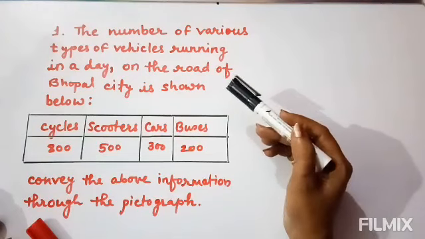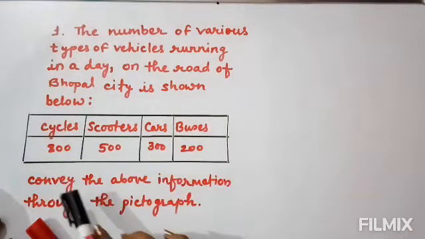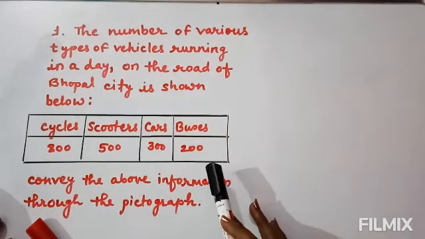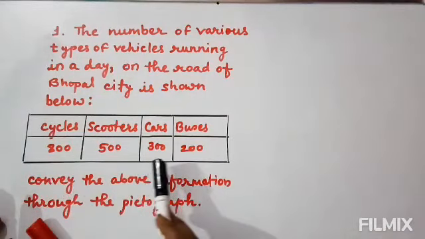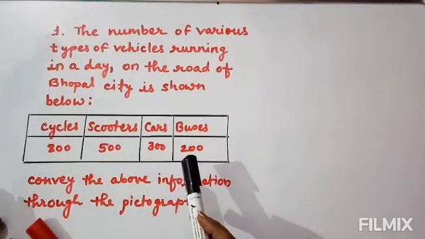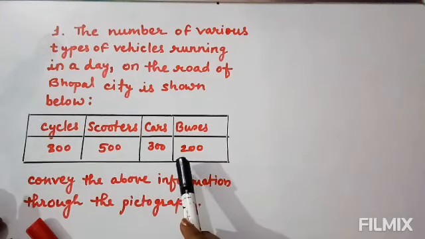For a scale we need to find a number which divides all the numbers given in the question. In this question all the numbers are divisible by 100, so I will take the scale of this pictograph as 100 for each symbol.